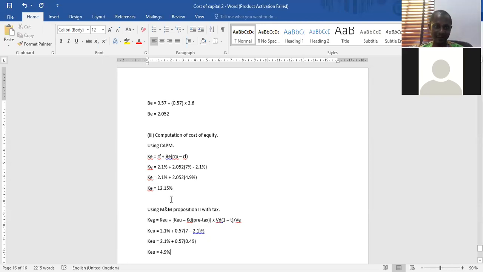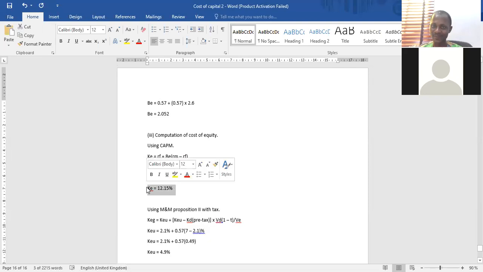You can see that it's different from this one. Cost of equity, you can see it is what? 12.1% because this one is having debt. So the cost of equity will have to be higher. Cost of equity of a company that is having debt should be higher than the cost of equity of one that is not having debt, and they are in the same industry.